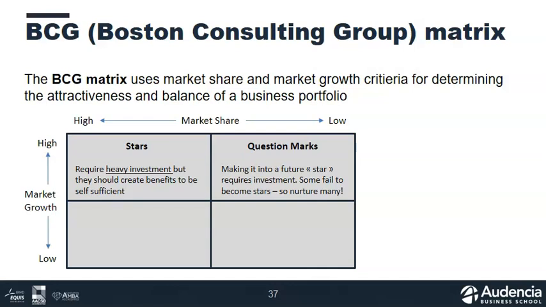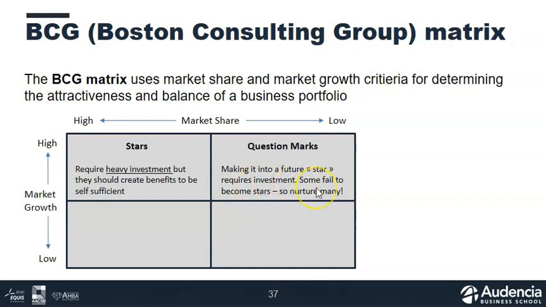The second group of BUs would be what we'll call question marks. These are companies sitting out there in a high market growth industry, but for the moment, their market share is very low. Hopefully we could make some of these business units that have low market share in a high growth market into stars. We can move them over to this category, but that will require investment.